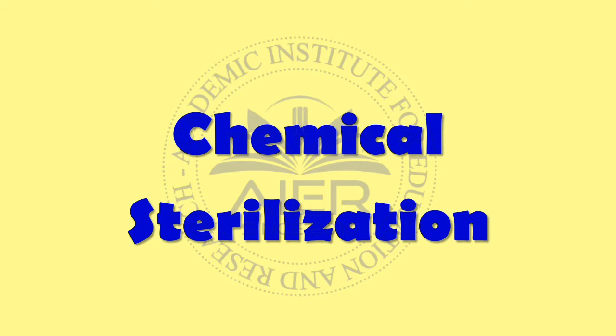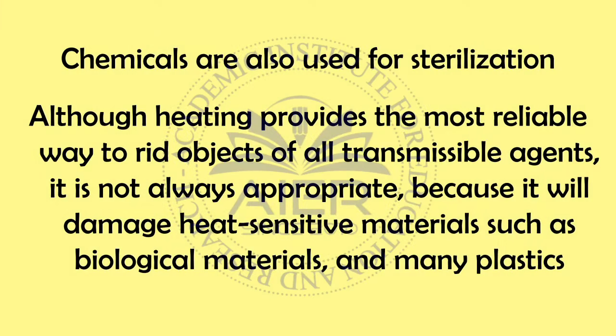Okay, so before we proceed to the exact discussion of bacterial growth and their physical and nutritional requirements, we need to talk about the remaining portion of the sterilization and the culture media. Okay, basically, chemicals are also used for sterilization.